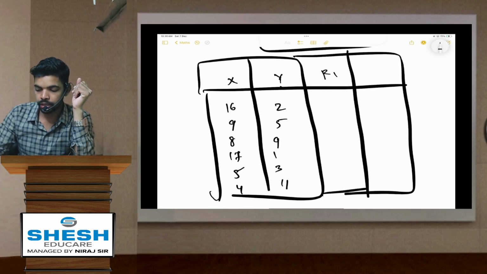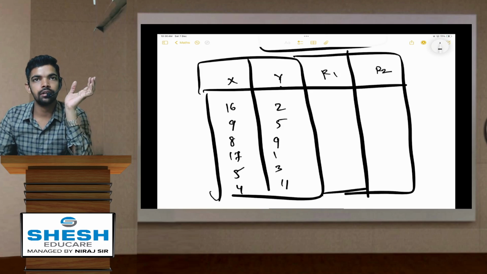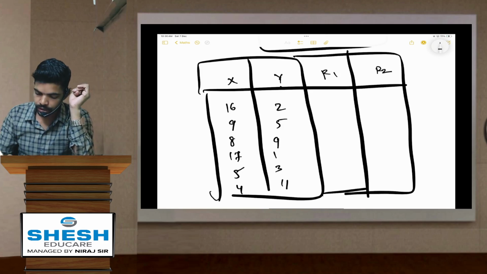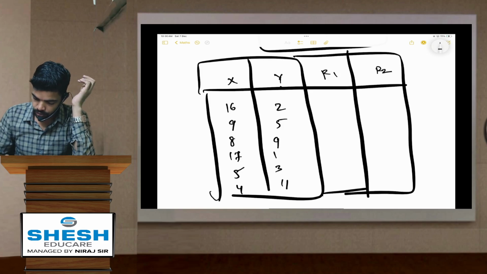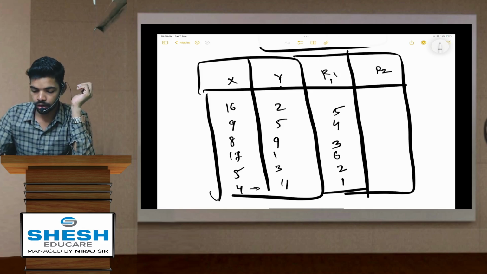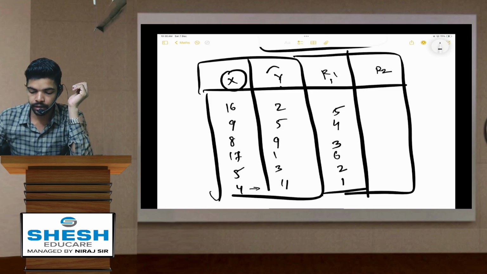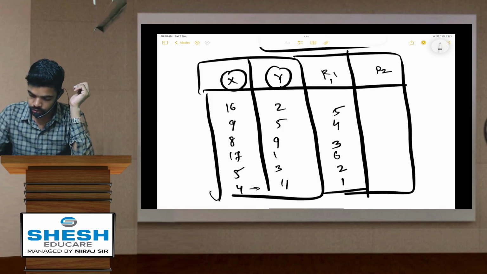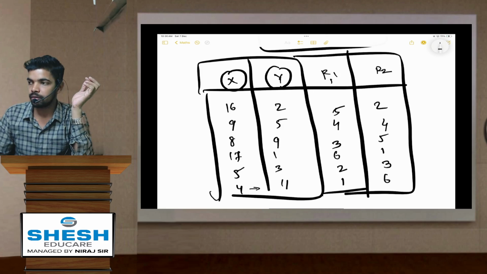You can rank them in ascending order or descending order. So we will rank by ascending order: 1, 2, 3, 4, 5 and 6. This is the rank of x. Similarly we'll rank y also. So this is 1, 2, 3, 4, 5, 6. In increasing order we have numbered them.